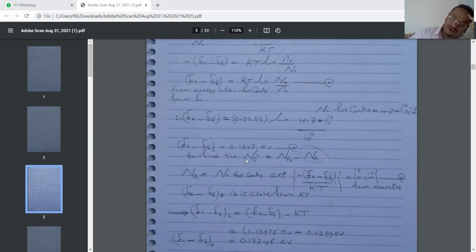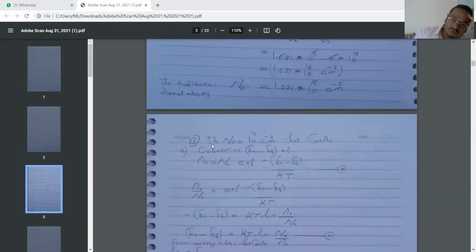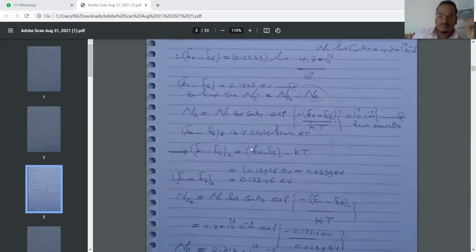Now the author wanted us to find ND prime. And like I said before, ND prime equals ND2 minus ND1. The author actually gives us at first ND1 equals exponential 15 in the same unit, sure. That means we don't know the result of ND2, the concentration of donors at the conduction band, for the new one.